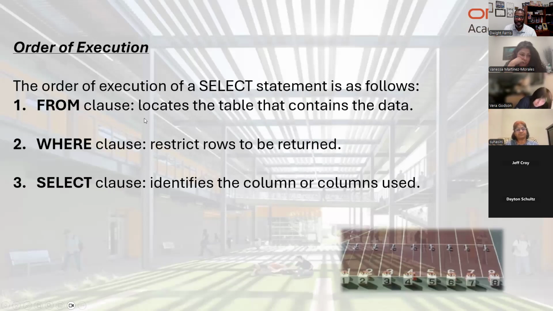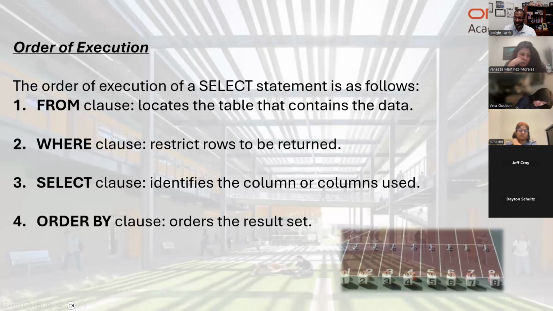So the key here is the from clause is probably the most important because without the table, nothing else makes sense. And then finally, the order by in our little simple example. So from, where, select, order by. Just remember that order of execution as far as your system. And that's true of all SQL systems as far as select statements.